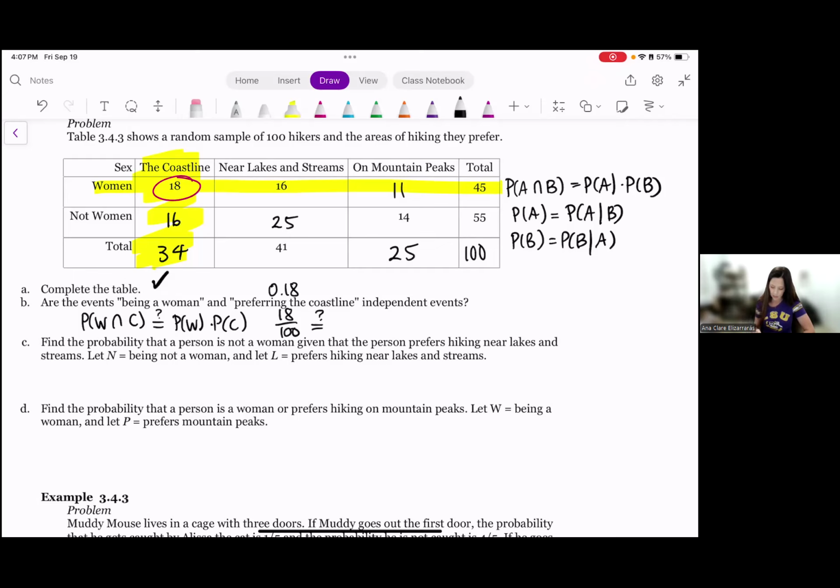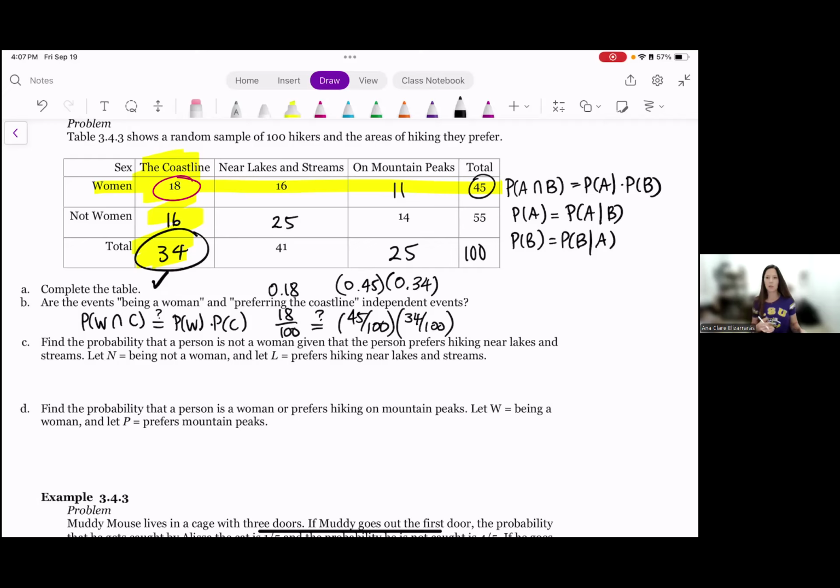Is that equal to the probability of being a woman, which was 45 out of 100, right here, or 45% or 0.45, times preferring the coastline? There were 34 that preferred the coastline out of 100, or 0.34, 34%.